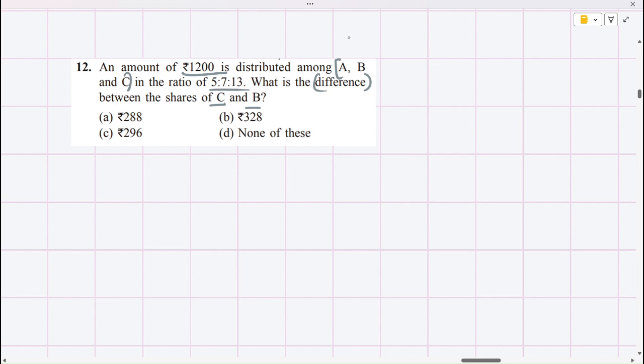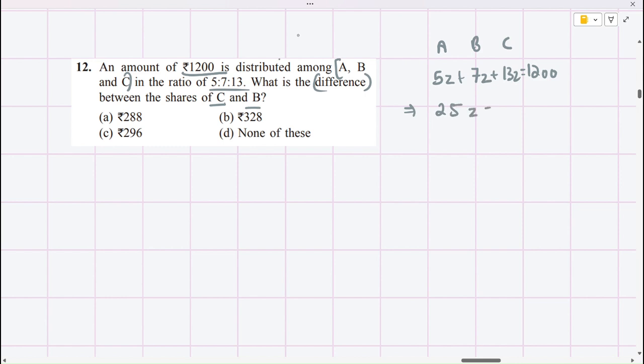So this is saying an amount of rupees 1200 and then they are saying distribute among A, B and C. So for A, B and C we can write here, and the ratio is this, we can write here 5z. z or x, we can take any variable, that doesn't matter. Then we can take 7z and then we can take 13z. So their sum will be equal to rupees 1200 because they have said that the sum is 1200. So by the approach, we'll have the sum of these numbers, so it will be 25.